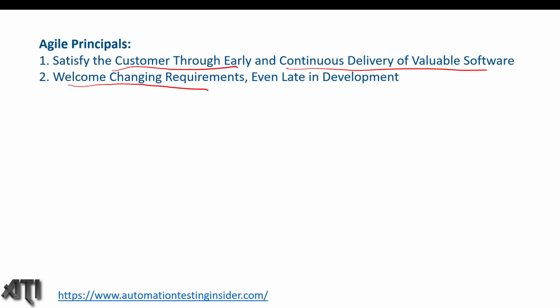Let me give an example. Here we are developing the software and these are the different cycles we have. In this particular cycle, let's say we are developing the first and second requirements, here the third and fourth, here the fifth and sixth. Let's say requirement 2 is a little bigger than the other requirements, and we got some more changes in requirement 2.